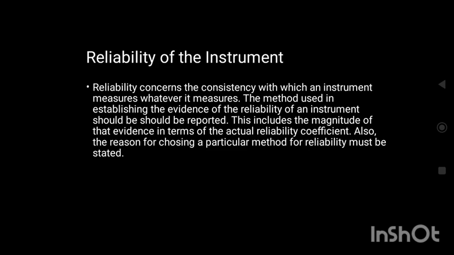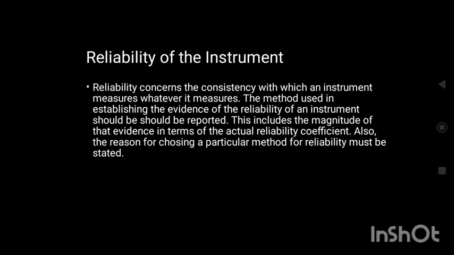But when you start getting values above 0.5, let's say 0.5, 0.6, 0.7, 0.8, the closer it is to 1, the higher the reliability. So for example, an instrument that has a reliability coefficient of 0.5 is lower than an instrument that has a reliability coefficient of 0.9.